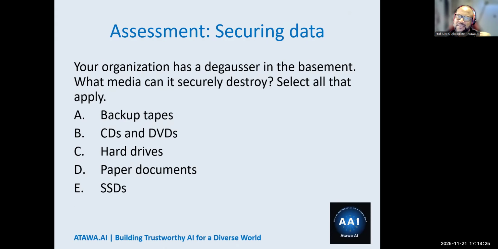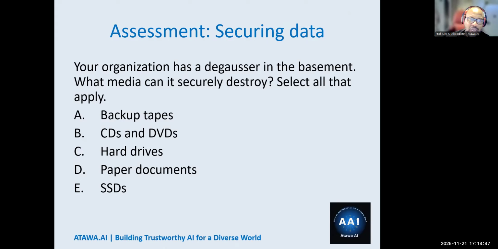Your organization has a degausser in the basement. You see the word degausser, you automatically think of hard disk drives or tapes, anything that is susceptible to magnets. What media can it securely destroy? Select all that apply. This kind of question is tricky because some people will only pick one, whereas there are at least two answers.